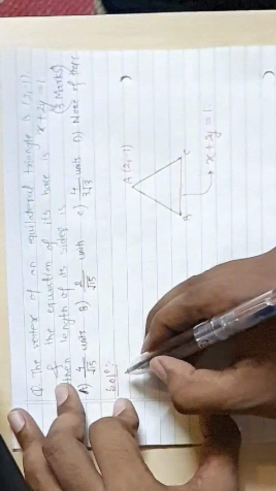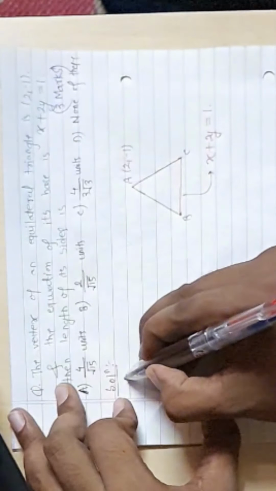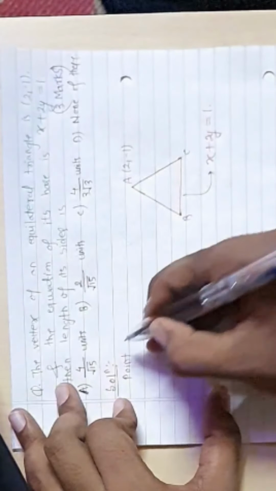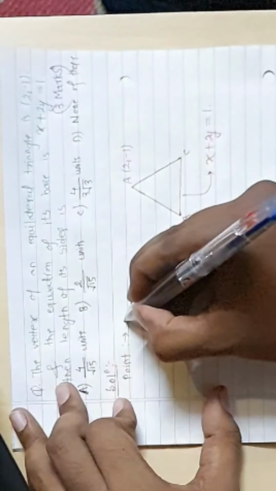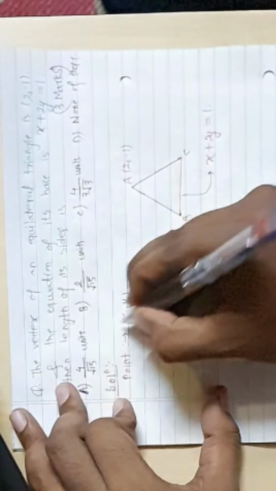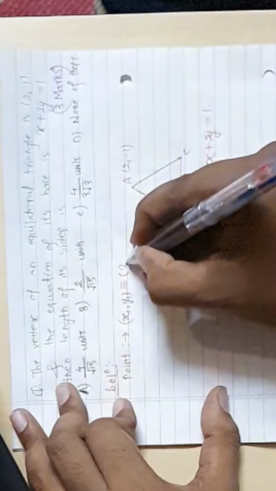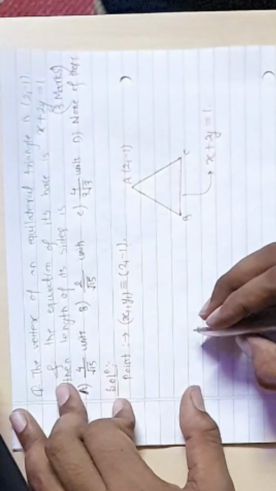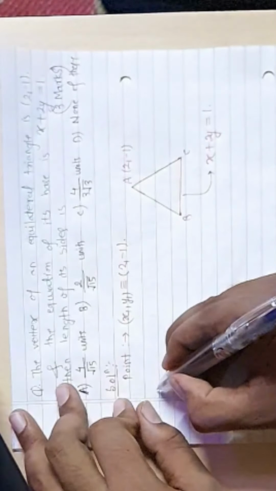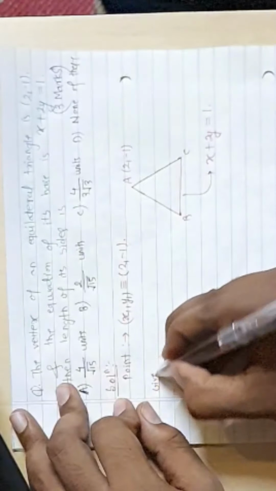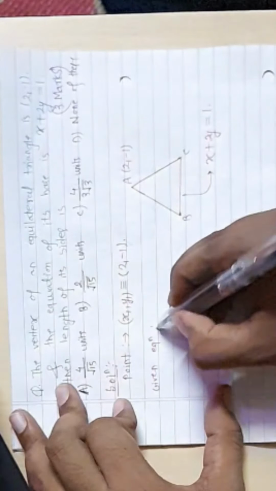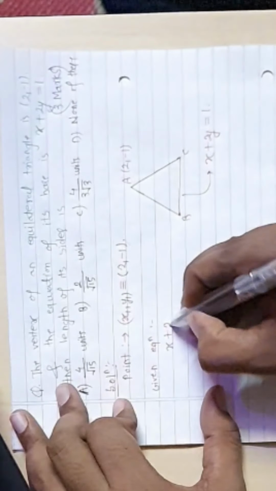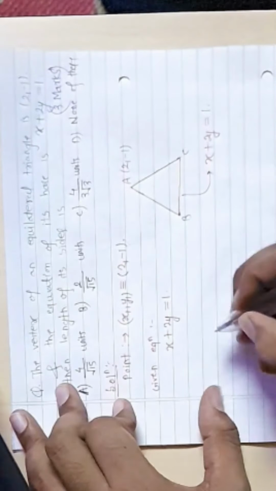Now what is the given point over here? The given point is (x1, y1) = (2, -1) and the given equation is x + 2y = 1.